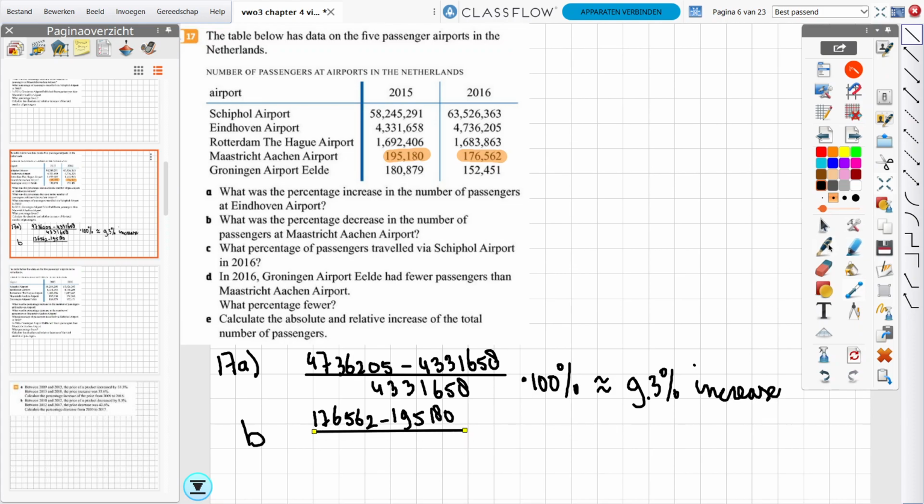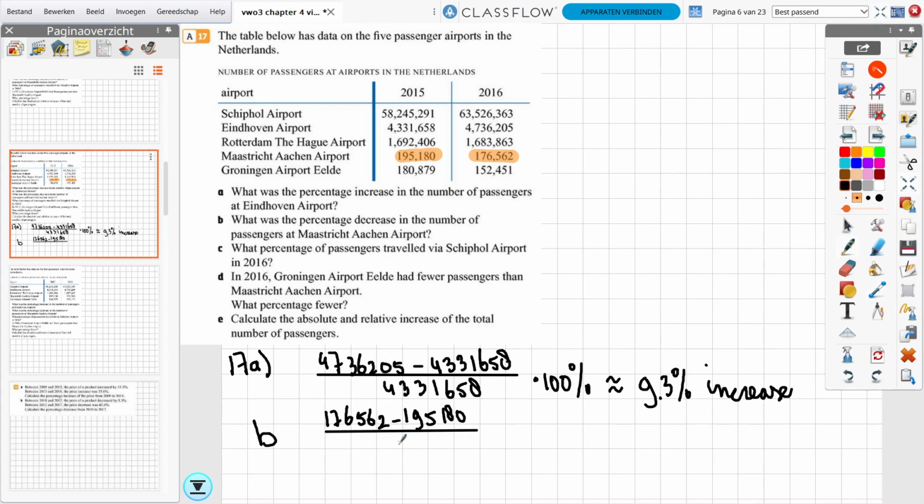Over, and old was 195,180 times 100%. And because old is now bigger than new, you will get a negative number here. That's totally okay, because that negative number indicates that we have an actual decrease, and the actual decrease here is approximately 9.5%.